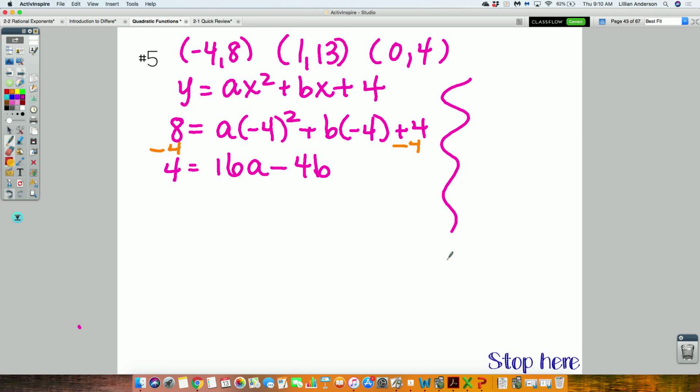Let's do the other one. When I plug in (1, 13), I'll get 13 equals a times 1 squared plus b times 1 plus 4.